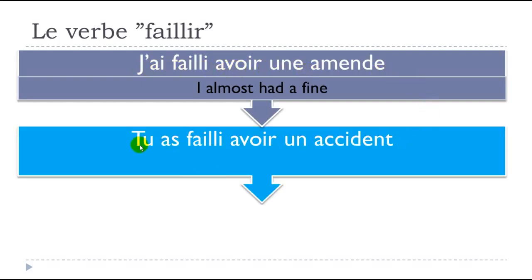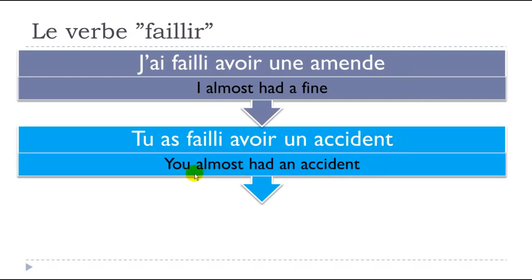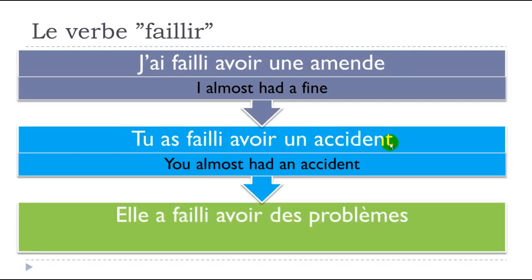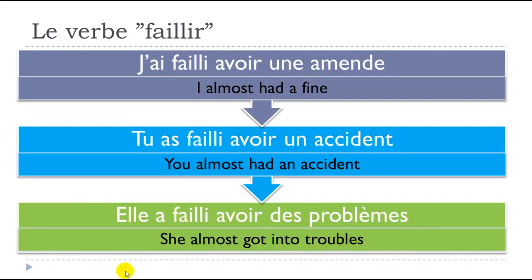Then the second example, tu as failli avoir un accident. Exactly the same concept. You almost had an accident. And the last example, elle a failli avoir des problèmes. She almost got into trouble.